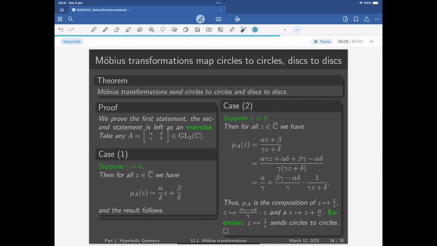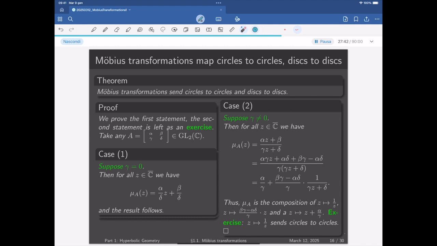Two cases. One is when the gamma in my matrix is 0, in which case the Möbius transformation is just given by this formula, which is multiplication by a complex number and then translation. And those two transformations obviously send circles to circles. The circles don't have to be centered at the origin.